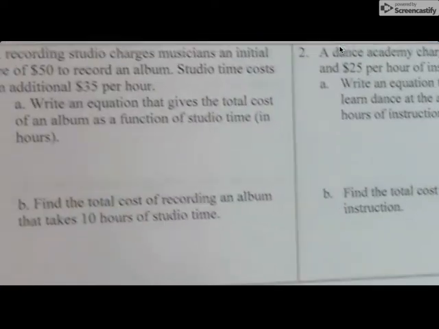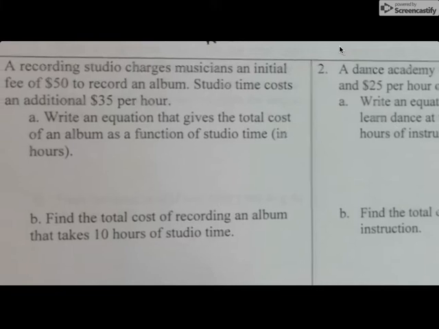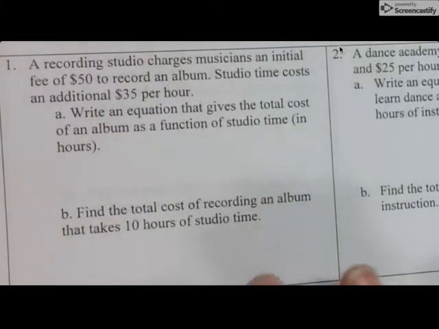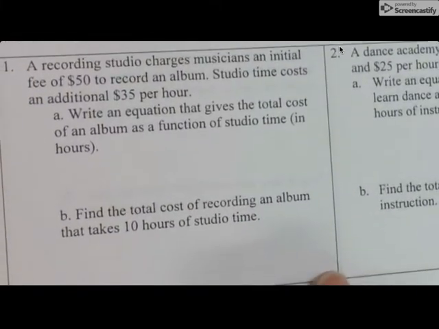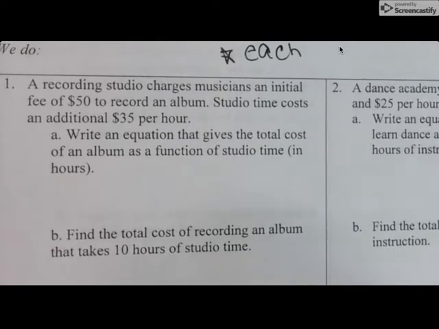So if we look at number 1, a recording studio charges musicians an initial fee of $50 to record an album. Studio time costs an additional $35 per hour. So remember when we did our word problems and we had our highlighters and we colored all the different things? It's the same thing here. Which number is going to go?